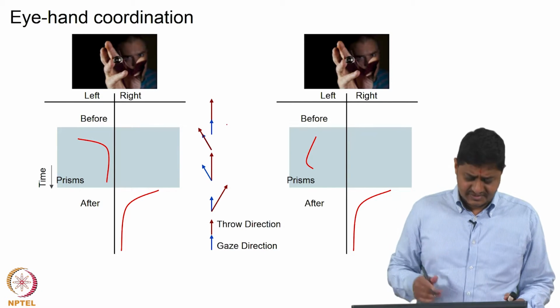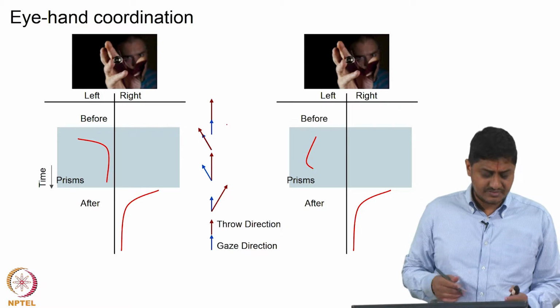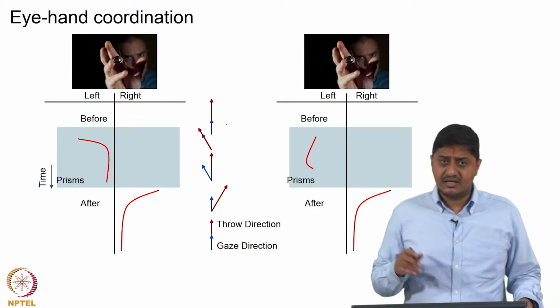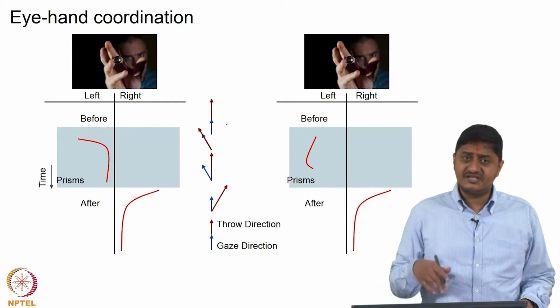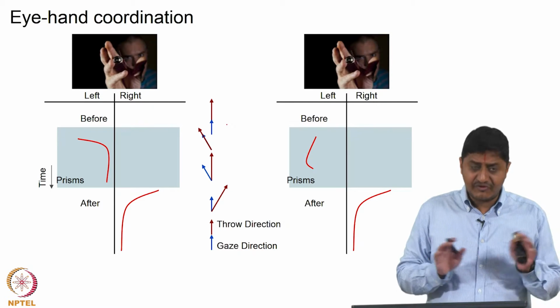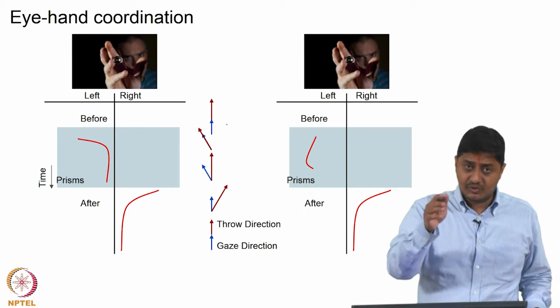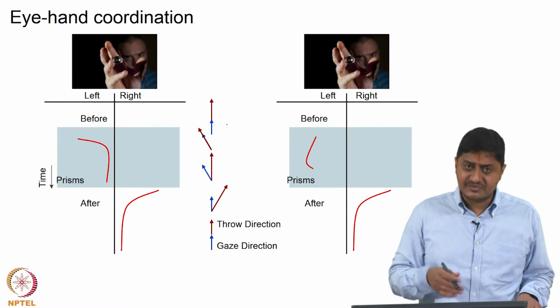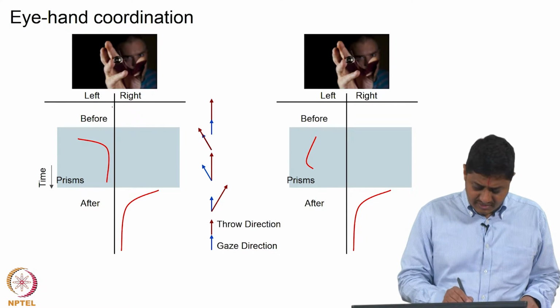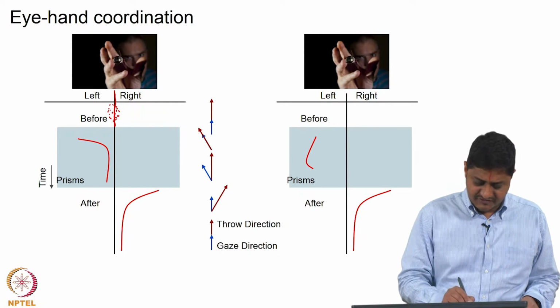Suppose there is a person who is good at this task, and we test them before they wear any glass, before any perturbation, we test their performance. They keep throwing the dart say 10 times or 20 times or 30 times and you see that, suppose that is the target line, they almost always hit the target there. These are the responses, for example.